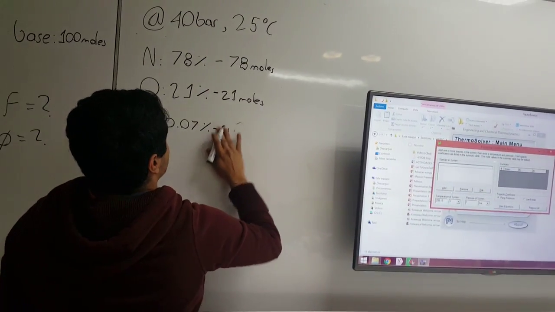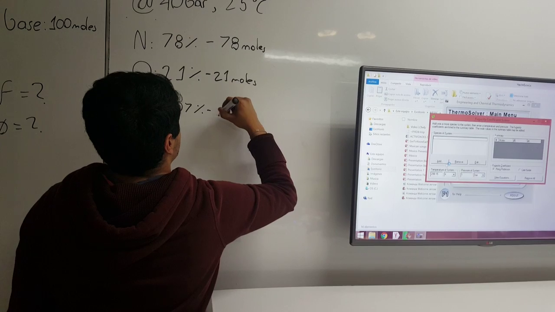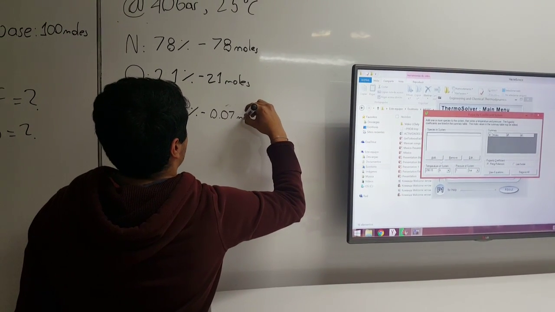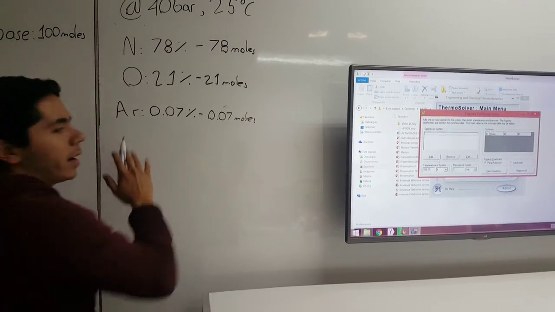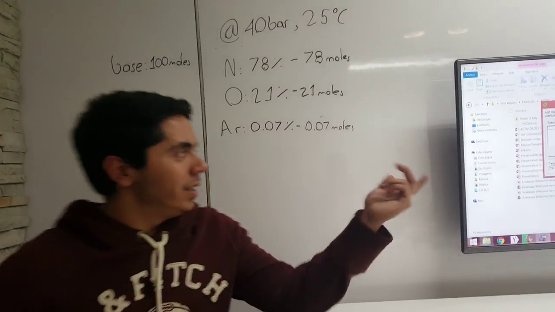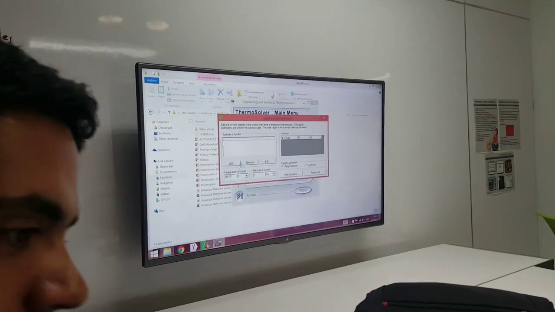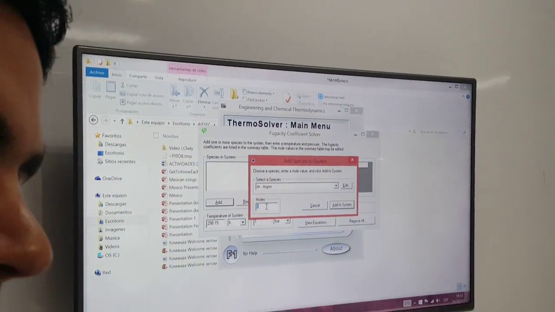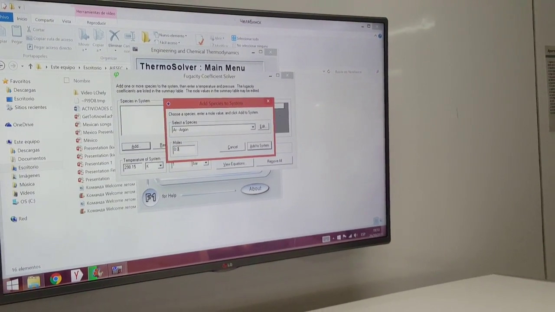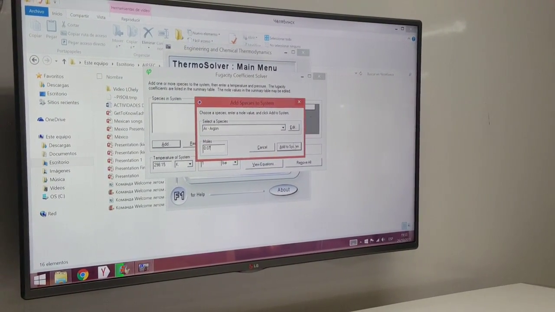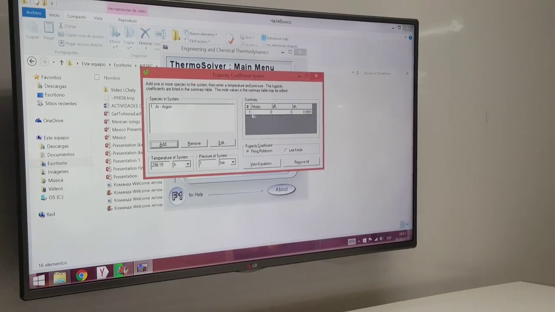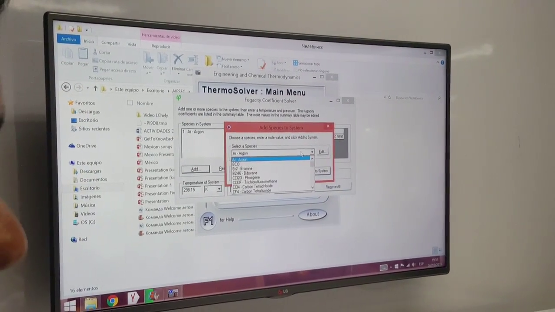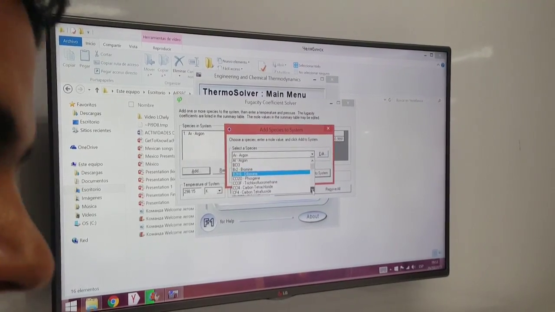Sorry, this is not true, it's 0.07 moles of argon. So we're going to put this in our Thermosolver. We add a species to the system. First we have argon, so we put the number of moles, add it to the system, and now I have it.